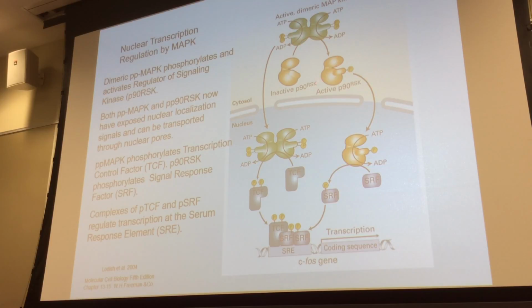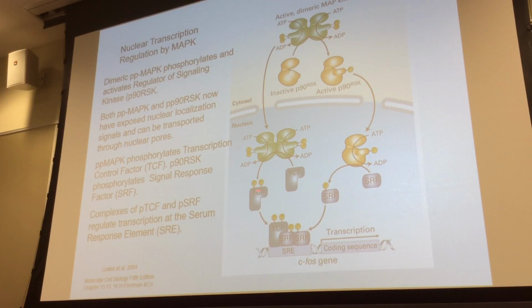Out in the cytosol, it's going to activate a 90,000 molecular weight protein called RSK, ribosomal S6 kinase, and that comes past the nuclear pores and can now phosphorylate this serum response factor that binds to the polymerase complex.